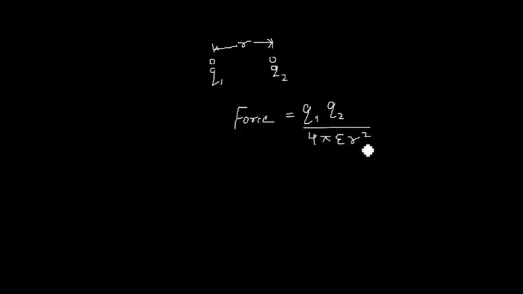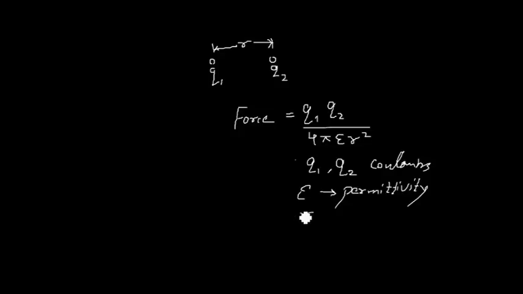So it is inversely proportional to the square of the distance. If distance is more, then the force will be less, and if distance is less, the force exerted on other charges will be more. Here q1 and q2 are in coulombs, epsilon is the permittivity, r is in meters.